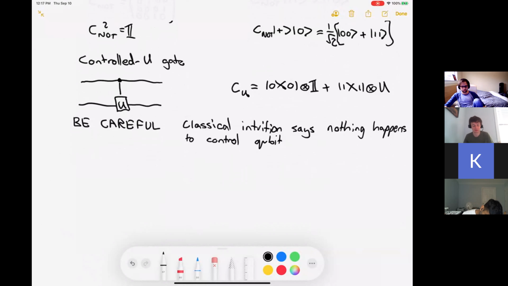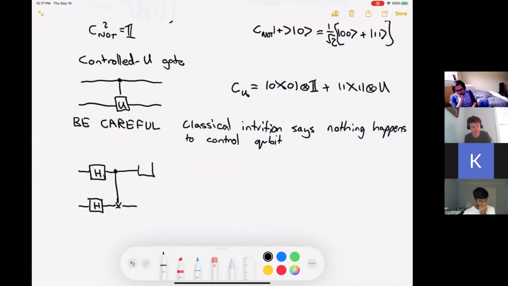Okay. To see this, let's consider the following pretty simple circuit. We're going to have 2 qubits. We're going to apply a Hadamard to each of those 2 qubits. We're then going to apply a C0. The top one is the control qubit. And we're then going to apply Hadamard gates. Okay?